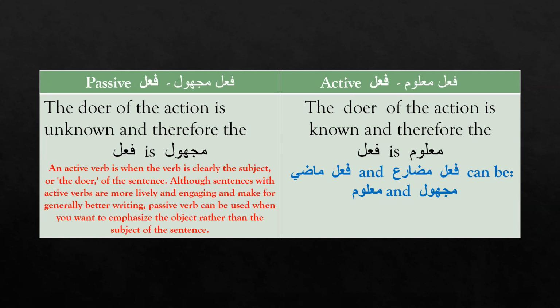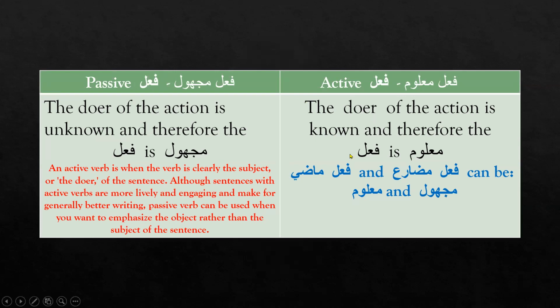They are known in Arabic as: active fi'l is fi'l ma'lum, that is, known. Ma'lum is known. And passive fi'l is fi'l majhul in our Arabic language. So, what is the difference between them? A fi'l ma'lum, that is our active fi'l, is when the doer of the action is known.